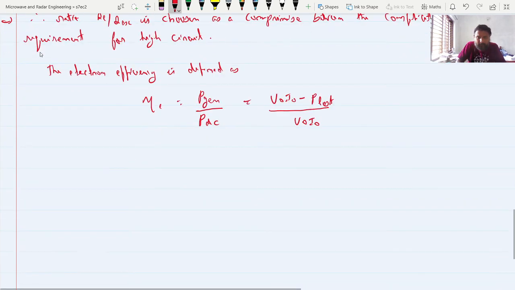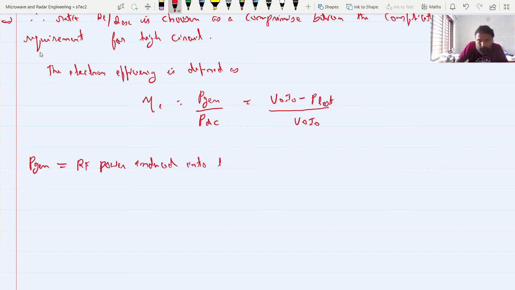So the generated power Pgen is nothing but RF power induced into the anode circuit. Okay. And PDC is nothing but V naught I naught, that is the power from the DC power supply.